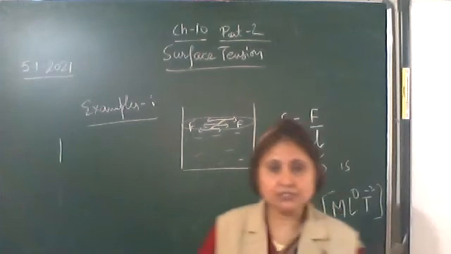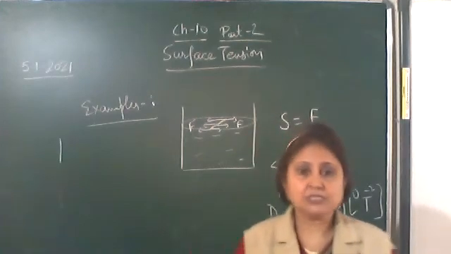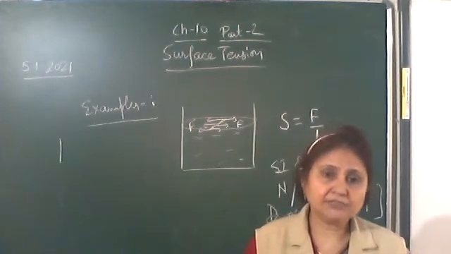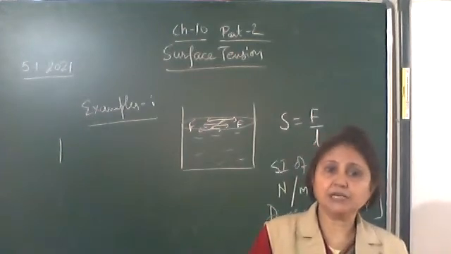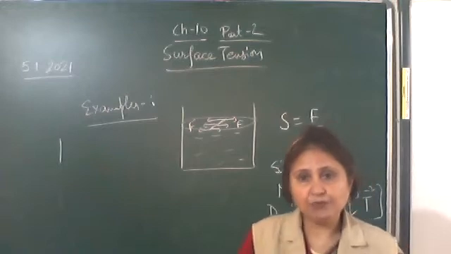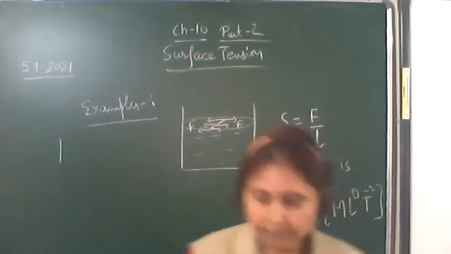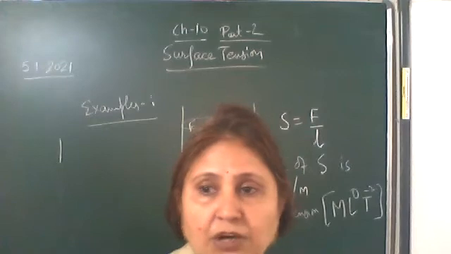You must have seen that small drops of liquid are spherical in shape. Why are they spherical? Because the free surface of the liquid tries to attain a minimum surface area, and for a given volume, the minimum surface area is for a sphere.